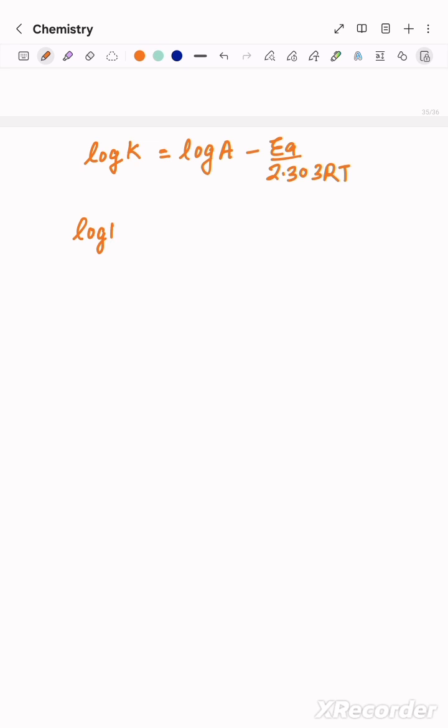So log K is equal to log of 4 multiplied by 10 to the power 10 minus EA, that is 76.745 upon 2.303, gas constant 8.314, and the temperature, that is 318 Kelvin, as it is given.